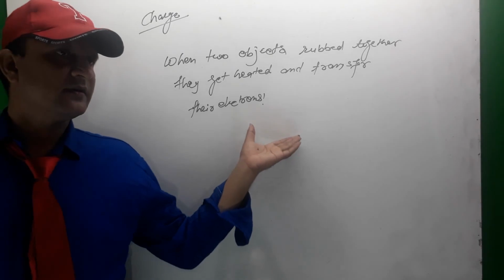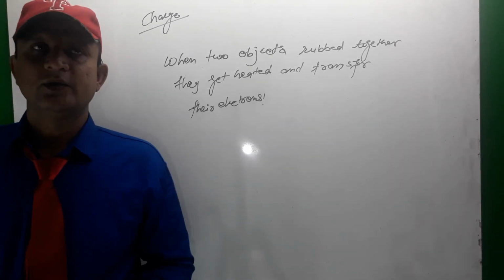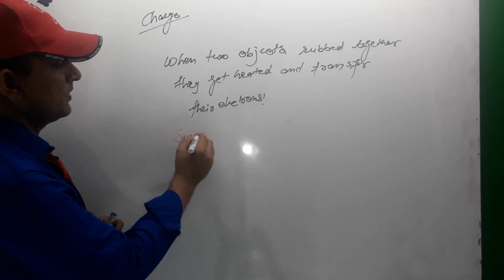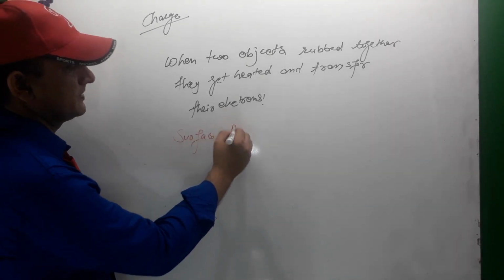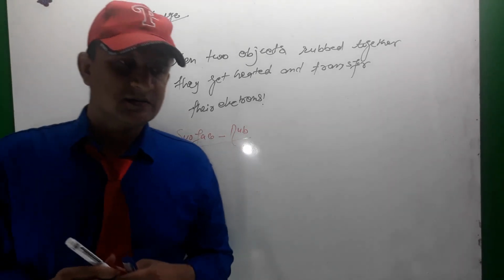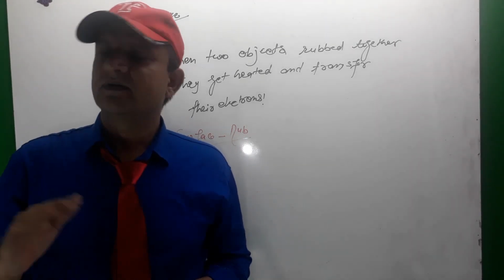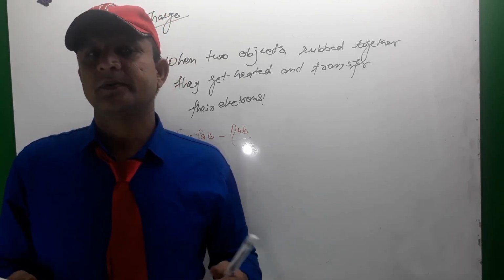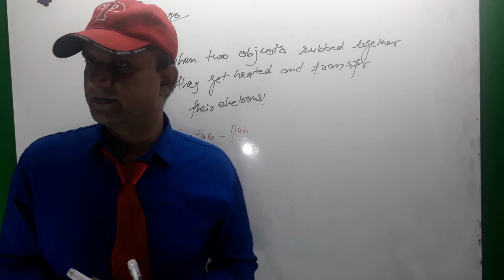So when these electrons get heated and we rub the surface, what do we rub? Surface. The electrons which are revolving in the outer uppermost shells, they leave their places, they leave their state.